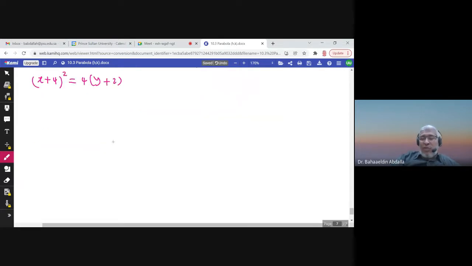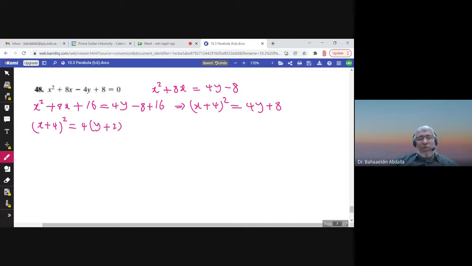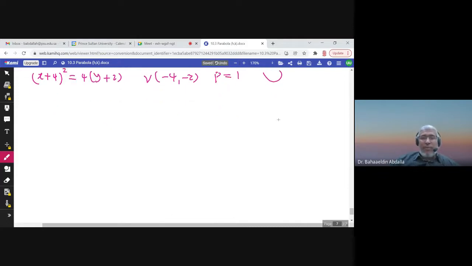Let us continue. This is the last question, so let us graph it and do everything. The vertex is (-4, -2). 4p is 4, so p is 1. X squared, p positive, it opens upward. Here is the vertex.